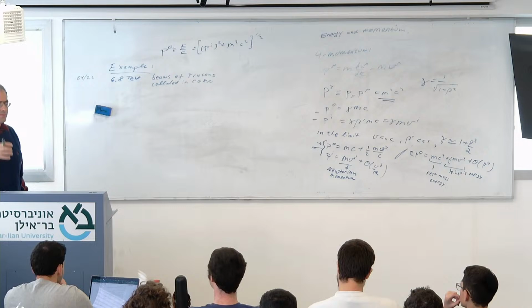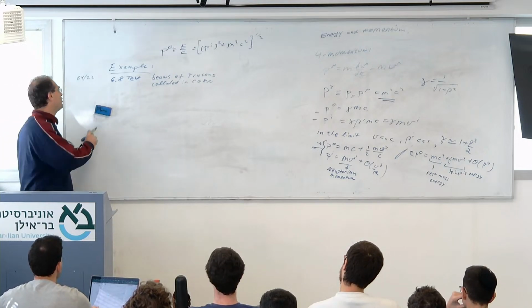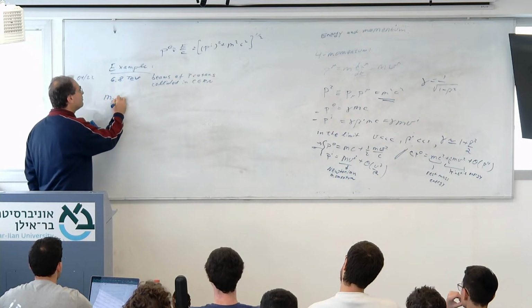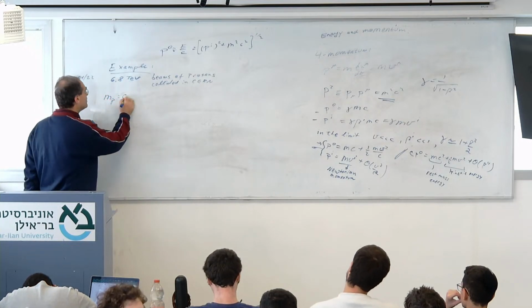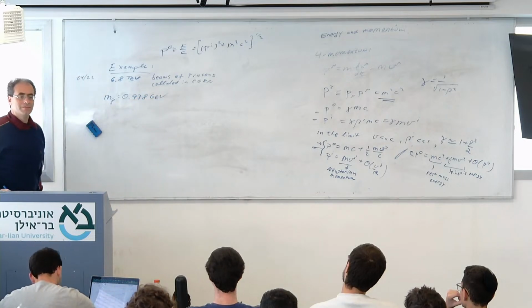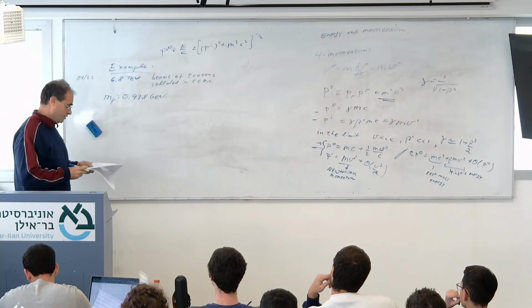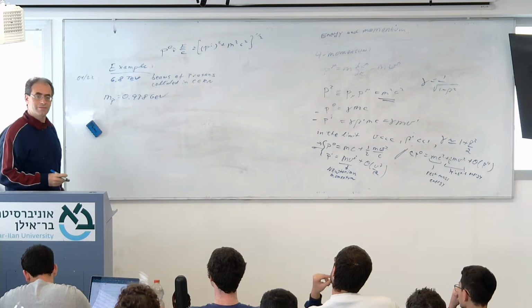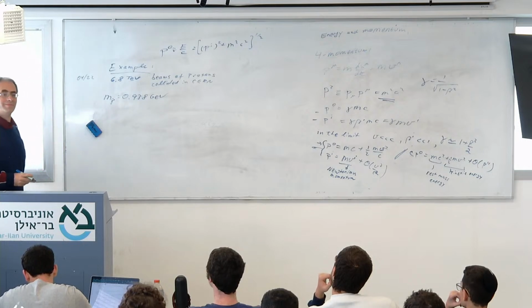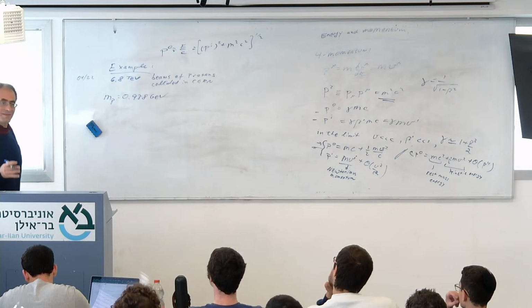What's the Lorentz factor? This is the energy, right? 6.8 TeV. What's the proton mass? Do you remember? Mp is about 0.938 GeV.